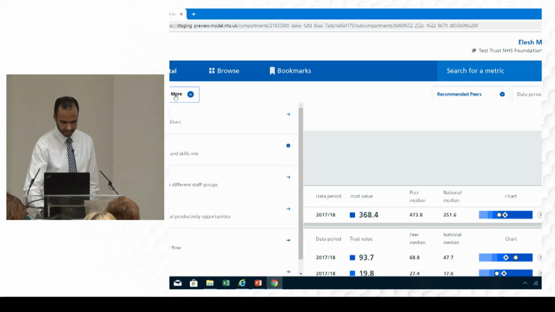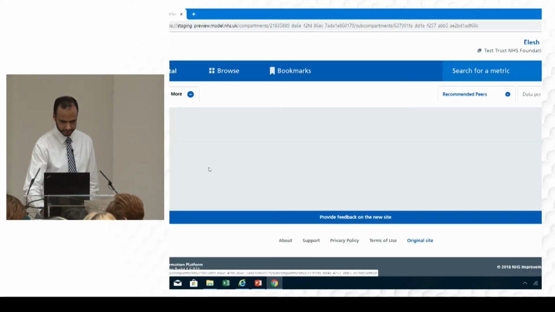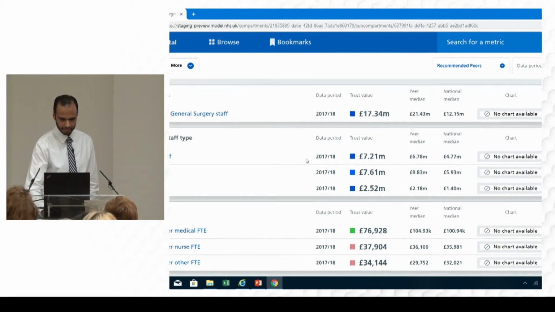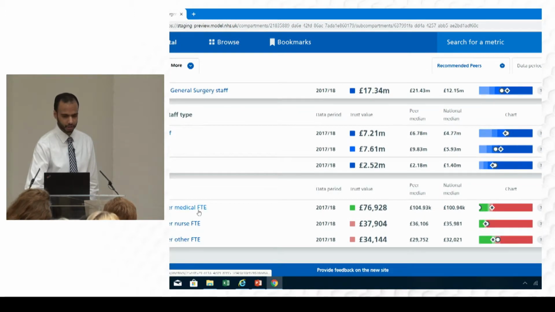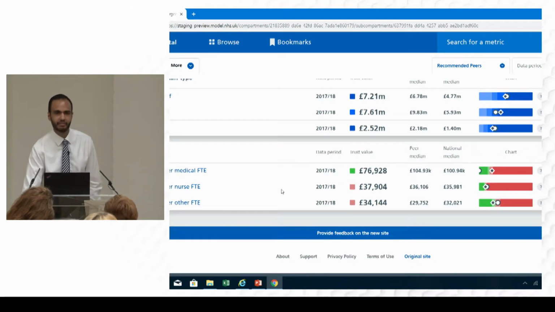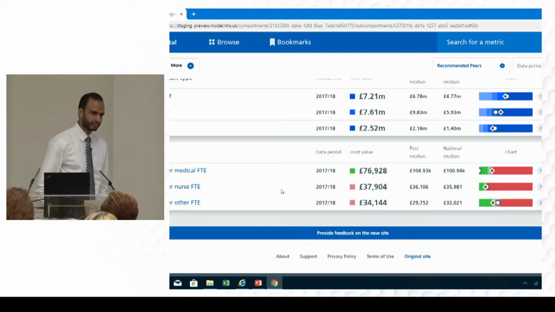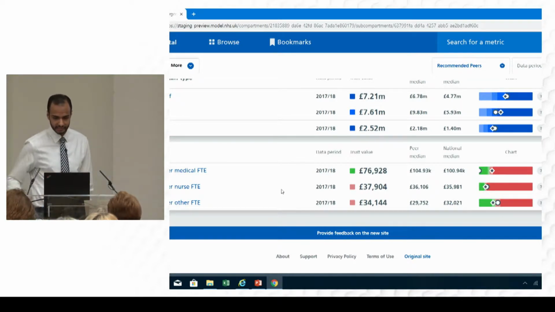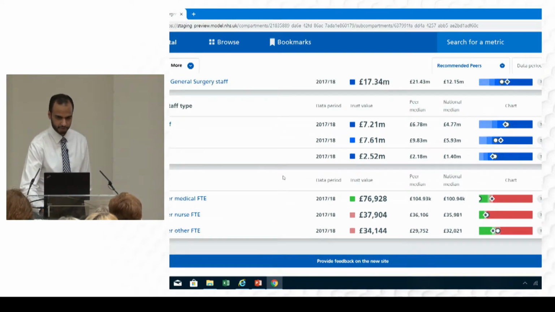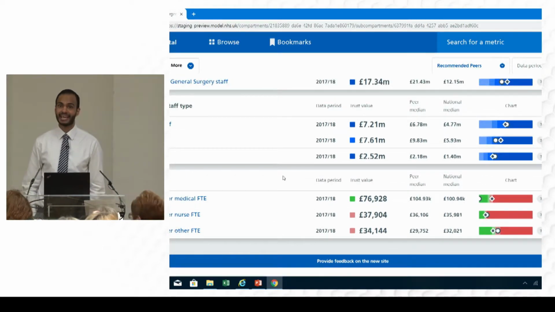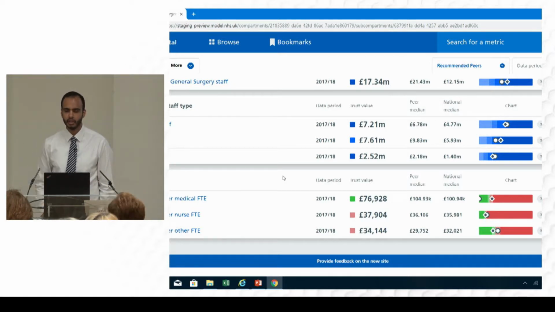We also have data on staff costs. So how does your average salary look compared, or average cost, I should say. It's not just your salary, it's your on costs as well, your national insurance, your pension costs, compared to your peers. I will note that we do strip out the HCAS in this, so that if you did have a London peer, it should be comparable.